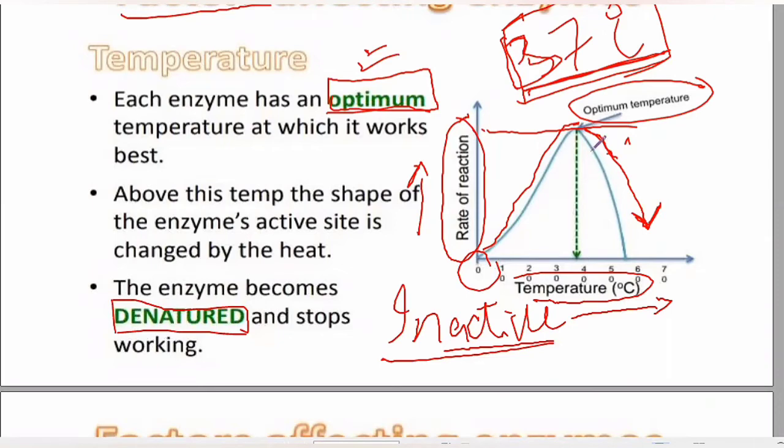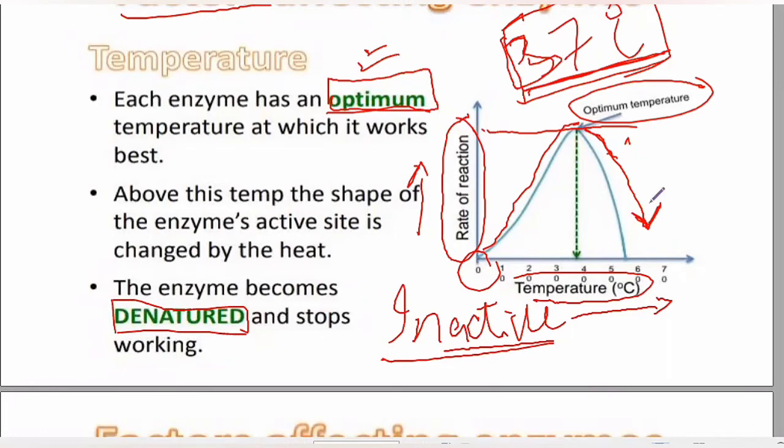When we further increase the temperature beyond the optimum temperature, kinetic energy becomes so high that the molecules of the enzymes also start colliding, and their vibrations also become so high that they are denatured. Their three-dimensional globular structure is lost, and the active site into which the substrate binds is also lost.